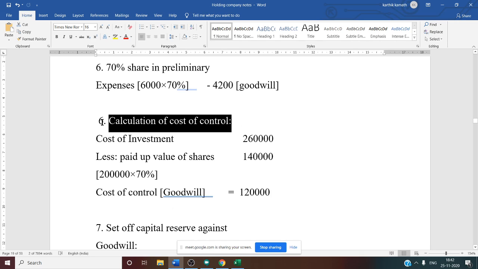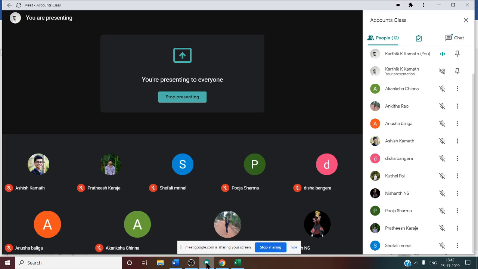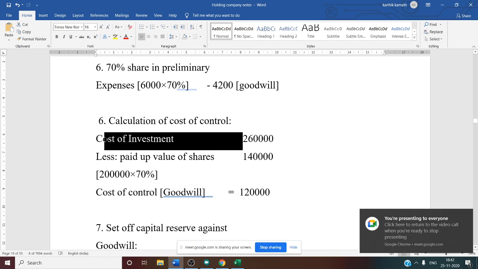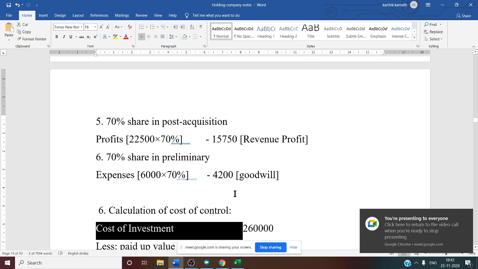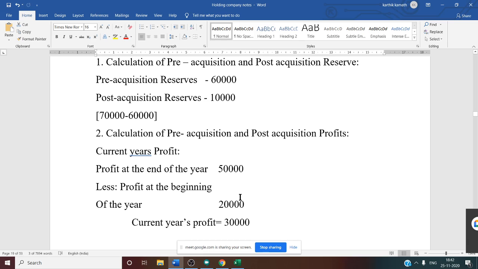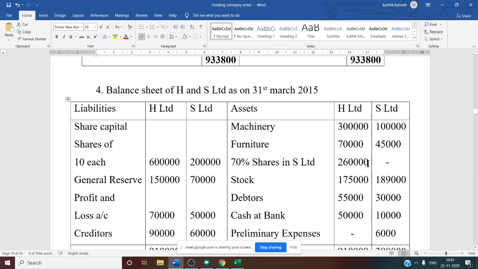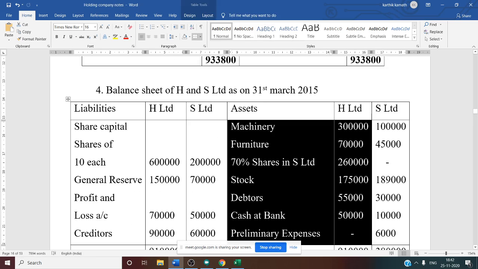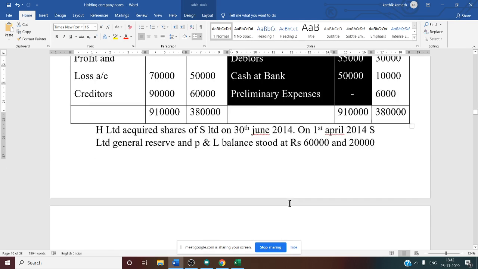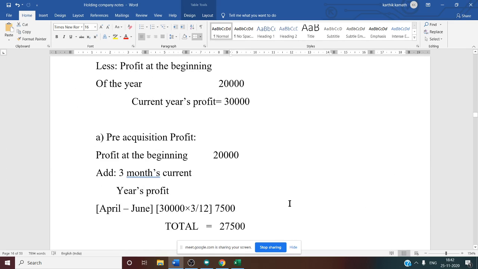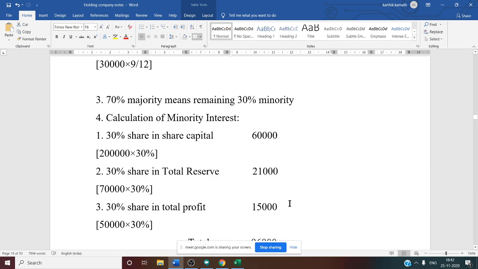That is the sixth one. For cost of control, two things are needed: investment and paid up value. If you see the balance sheet asset side, there you can get the investment amount. See this, 70% share in S Limited, 2,60,000. That is nothing but the investment made by the holding company. So the investment amount is 2,60,000. Now from investment we have to deduct paid up value.